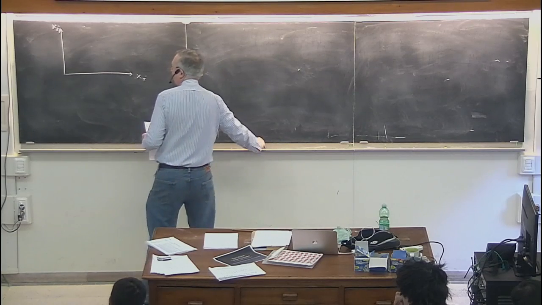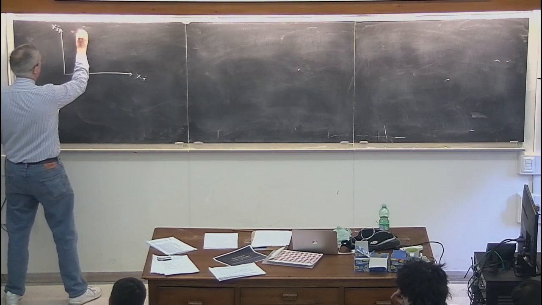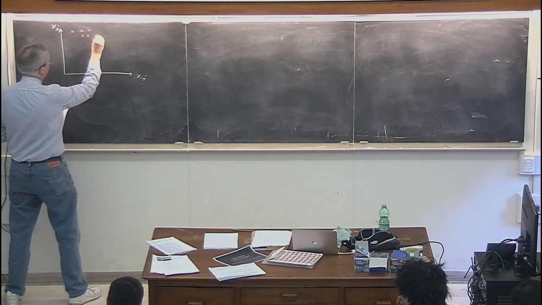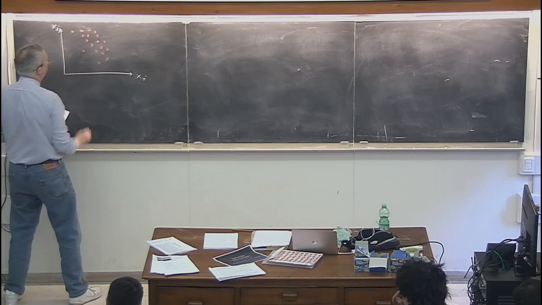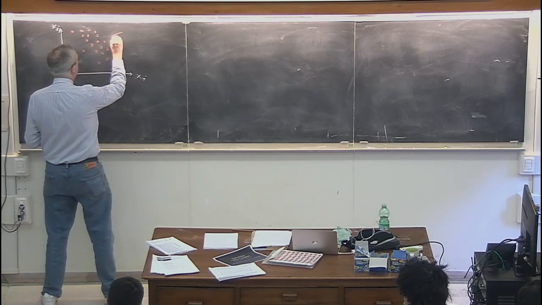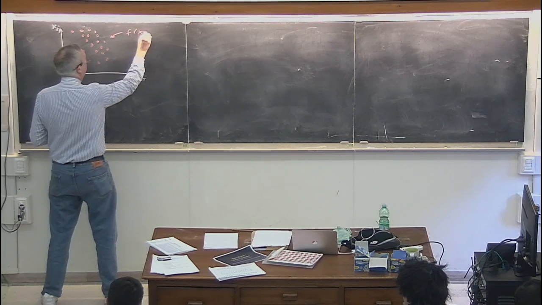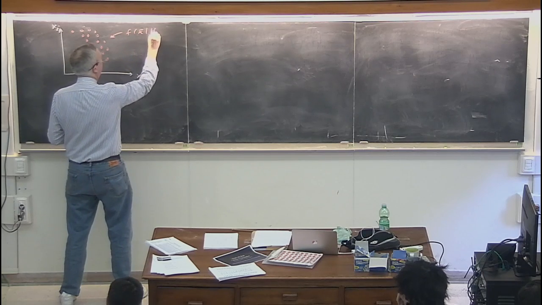Let's suppose that the events according to one hypothesis would appear in this space according to some distribution, maybe looking like that. So that scatter plot denotes the PDF of x given H0.